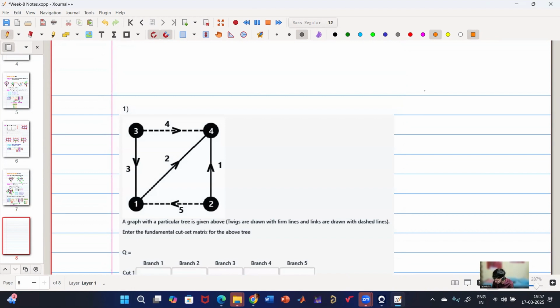Let us call this question 3 or problem 3. So how many elements are there? 5. Nodes? 4. So number of links? 2. Okay, very good. So let us draw the directed graph in the way we want.